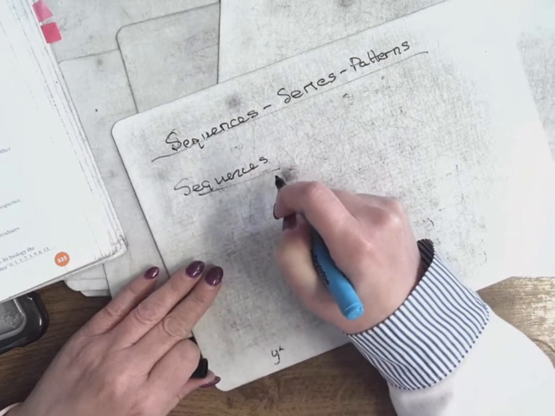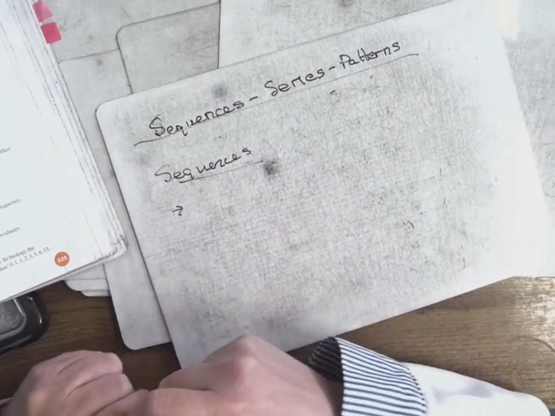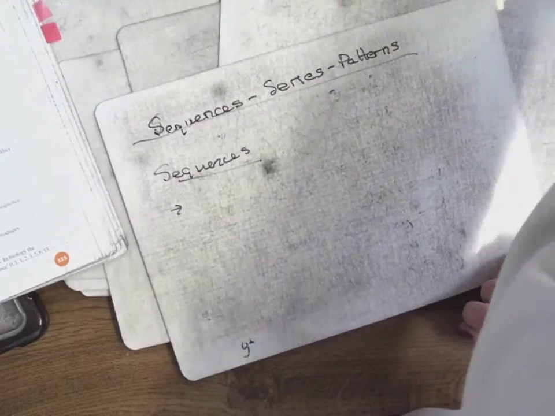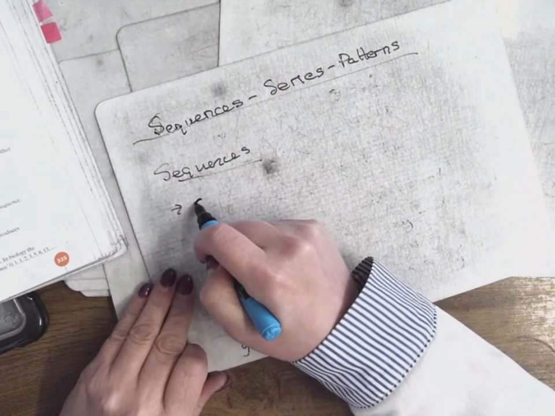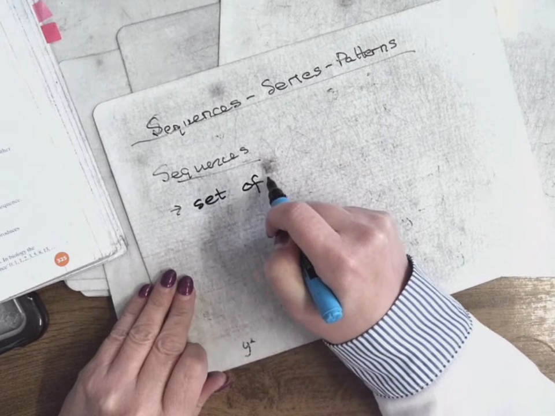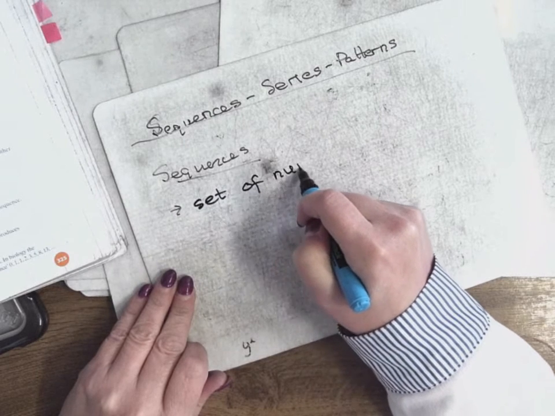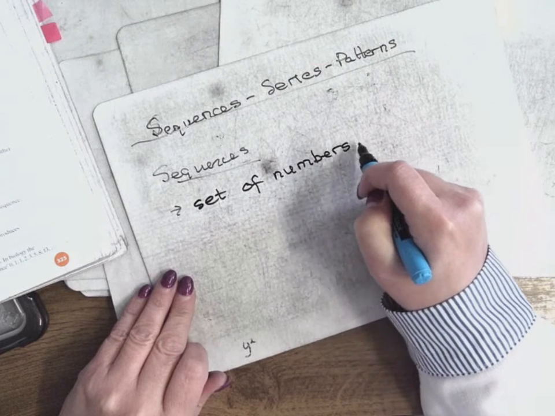A number sequence is a set of numbers written in a definite order.